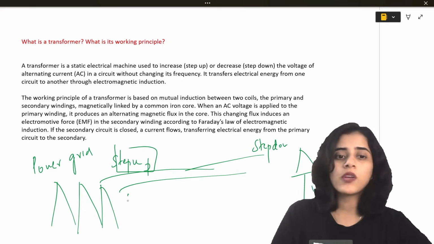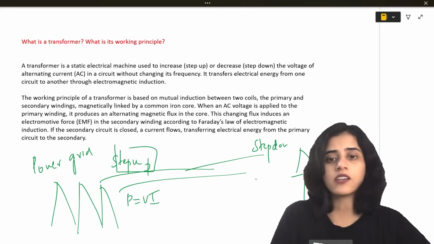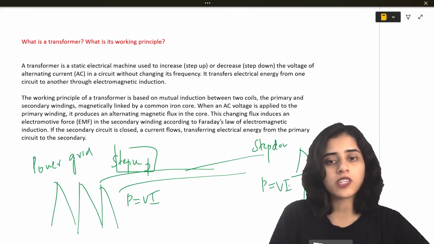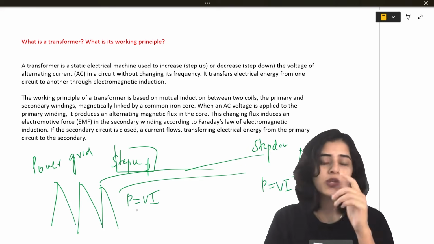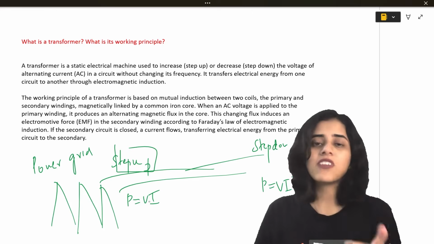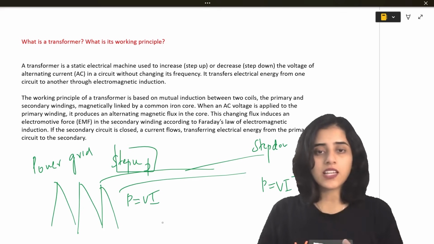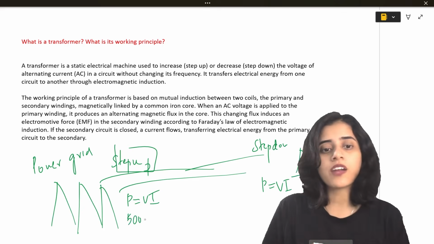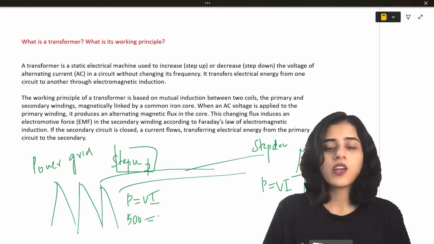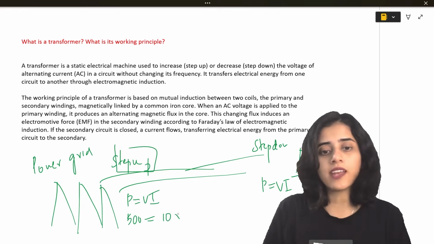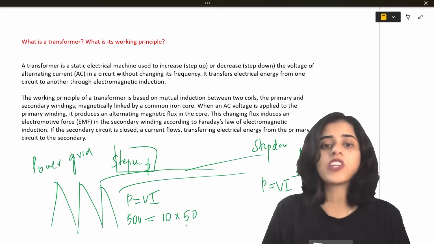We know that power is voltage times current, and here also power is voltage times current. So maintaining the power, we step up the voltage and decrease the current. Let's say 500 was the power, and voltage was initially 10 and current was 50.